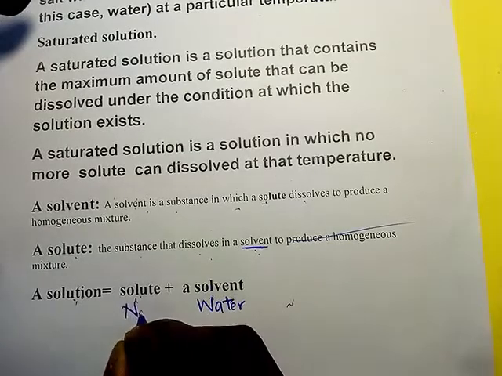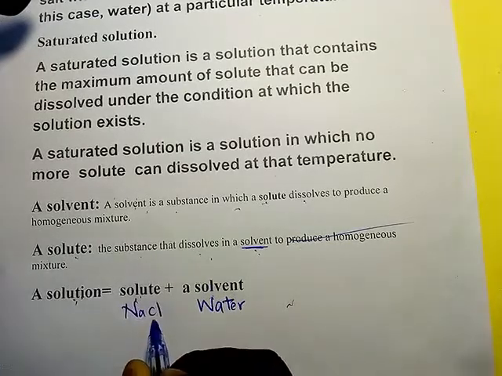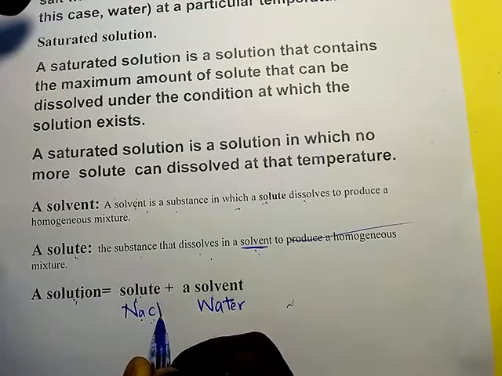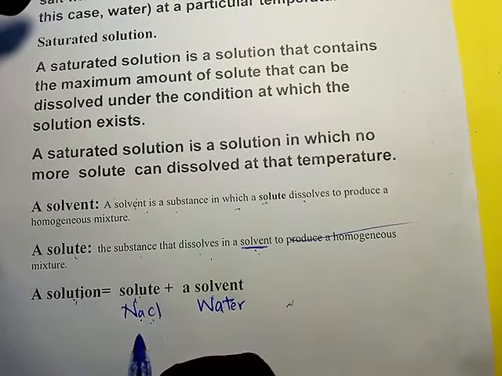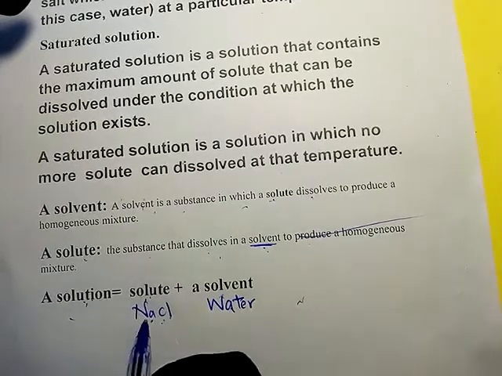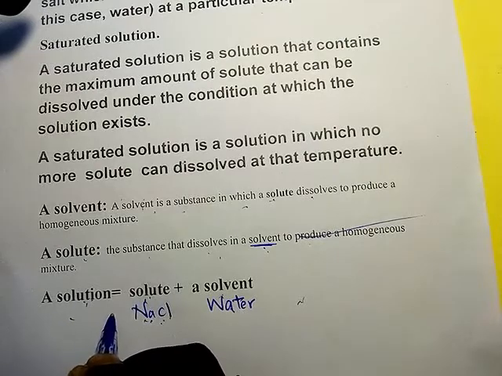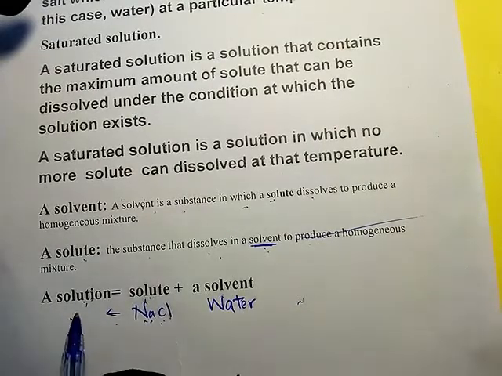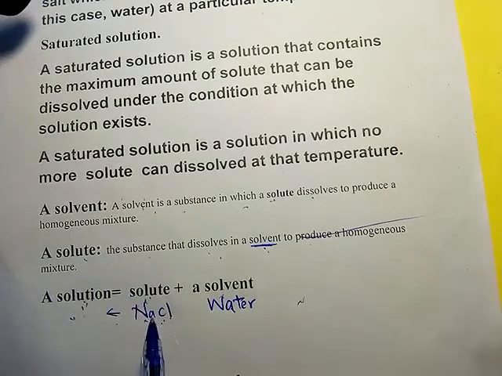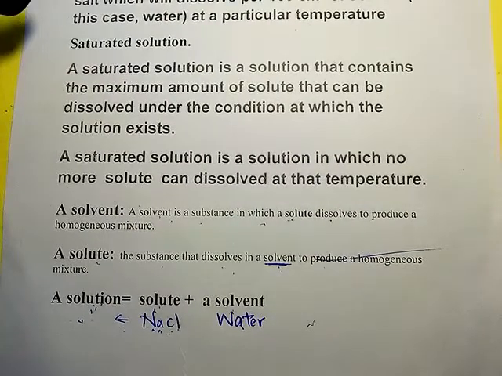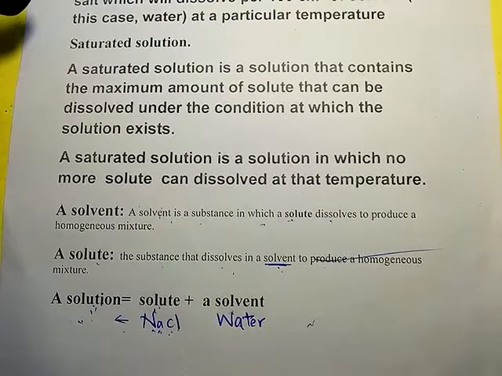Take sodium chloride. This is a salt and it is a solute. So when you dissolve sodium chloride in water, this is a solute plus a solvent, you form a solution of sodium chloride, right? Now, when you understand that, you are going to find the solubility calculations very, very easy to tackle.